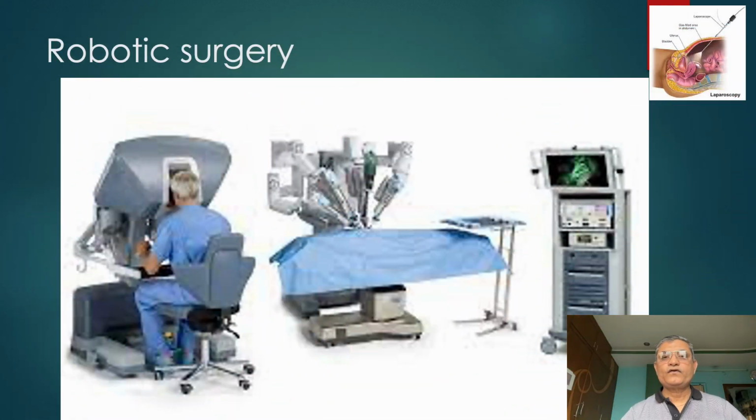Another type of minimal access surgery is robotic surgery. Robotic surgery, the name is a misnomer because robots won't do the surgery. It is the surgeon who does the surgery.